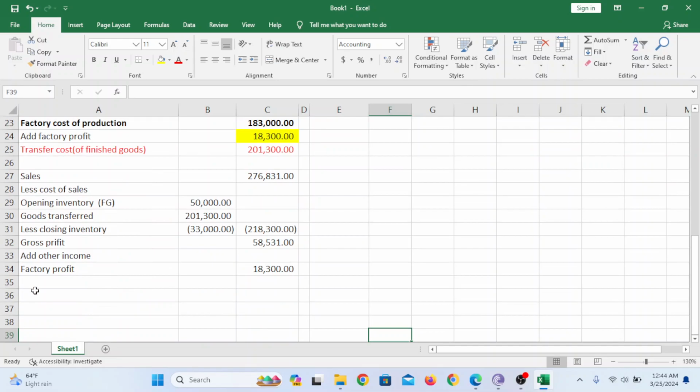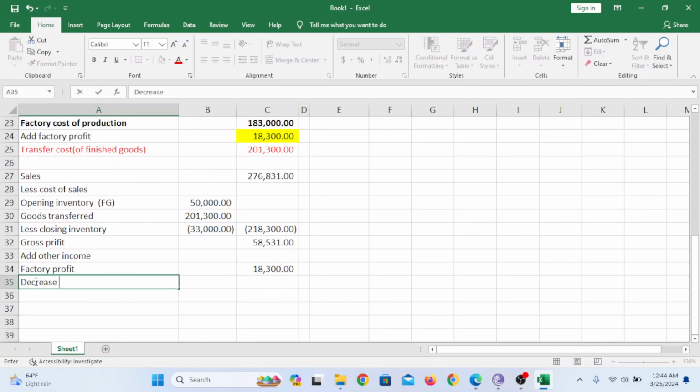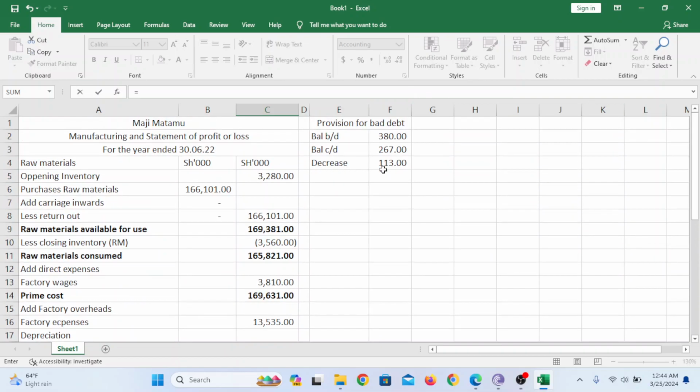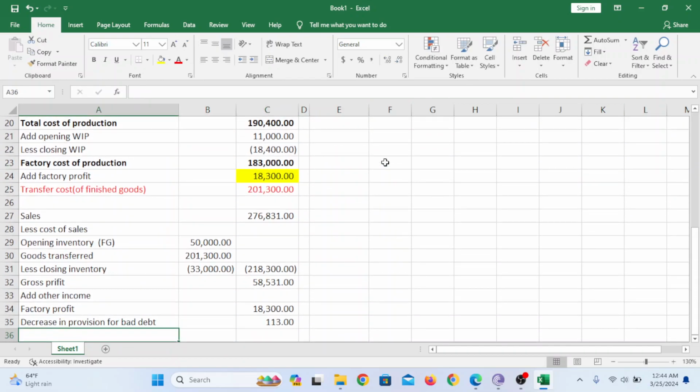So here you put decrease in provision for bad debt. So that is 113 there. So you pick this directly. So 113. So once we have that, then we have our total incomes.